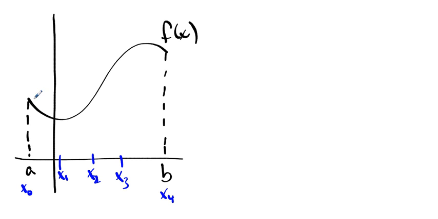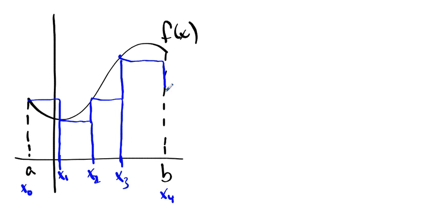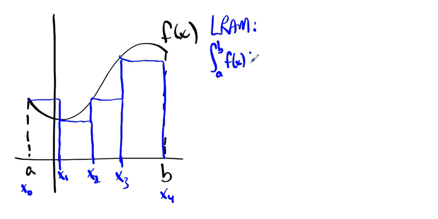And if we used the left endpoints of each interval, then we would say that a left rectangle approximation method would mean that the integral from a to b of f of x dx was approximately equal to the areas of each of these rectangles.